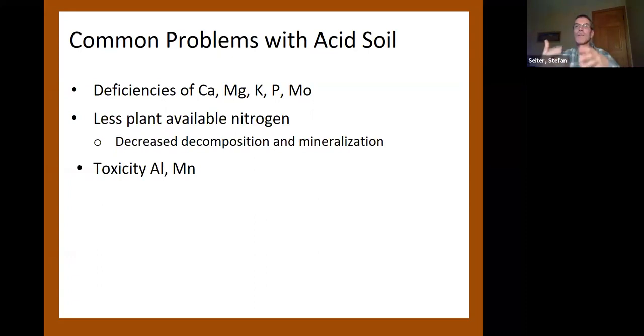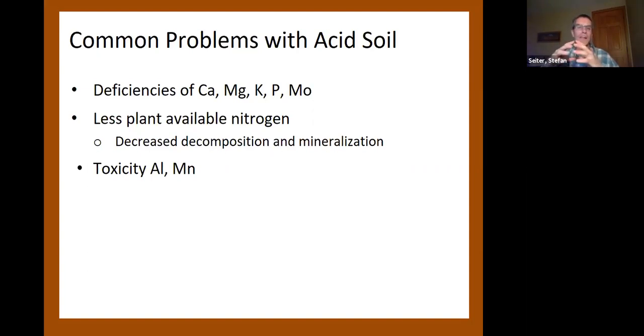So you don't have a lot of decomposition going on, and that means you have less nitrogen mineralization and availability for your crops. So that's the second reason. But the big one is the toxicity when you get into the real low ranges. So at 5.5, all of a sudden aluminum, which is a toxic element, becomes highly available.